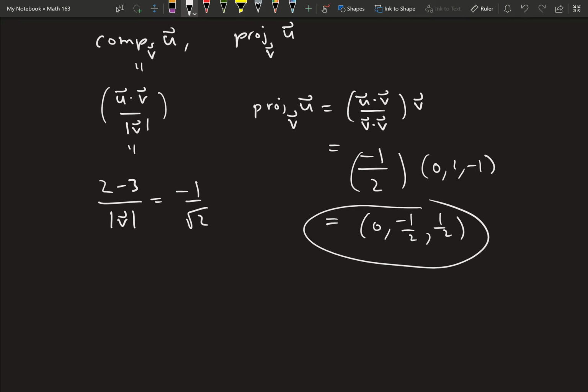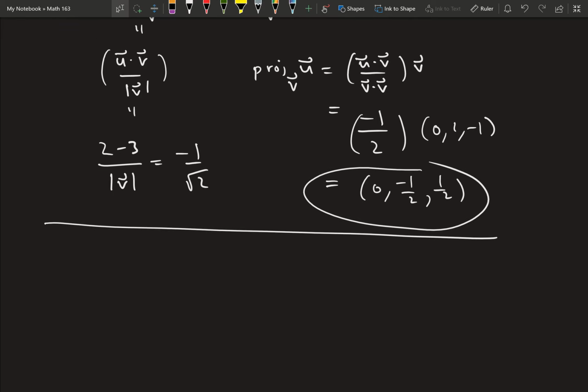So let's go ahead and do a little bit of preliminary work. By the way, in 12.3, there's a little bit of something I skipped, which is about work, or computing the work done using dot products.